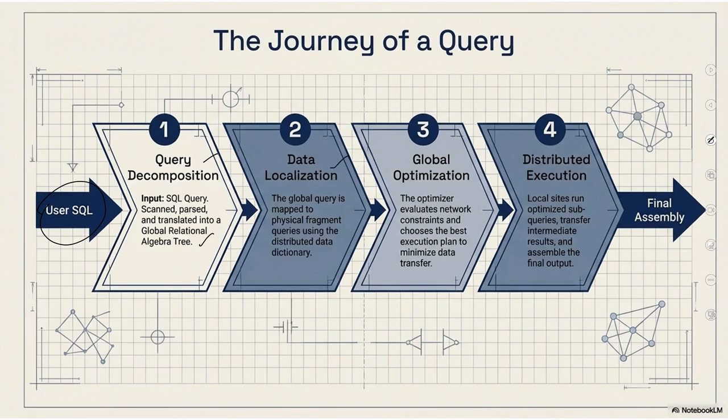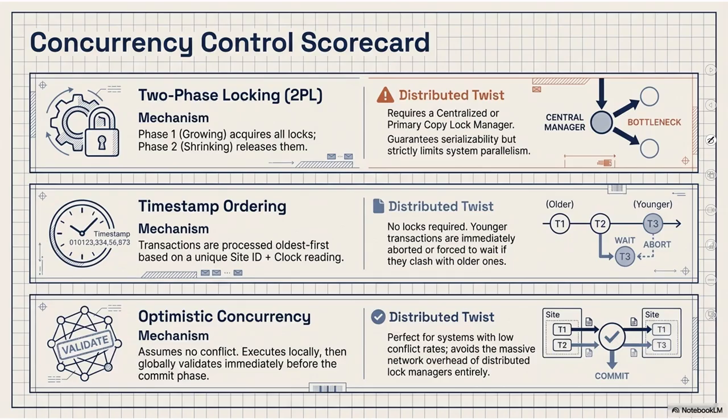The data location will be identified using that query and the fragmentation information, showing where the data is available. Then global optimization evaluates the network constraints and chooses the best execution path for minimum data transfer. For distributed execution, local sites can run optimized subqueries, transfer the data, and the final output is received by the user.